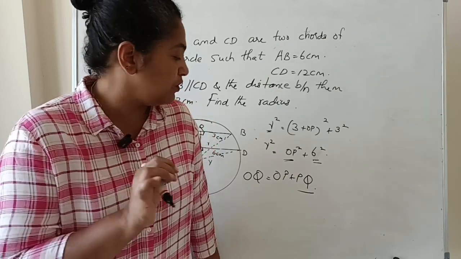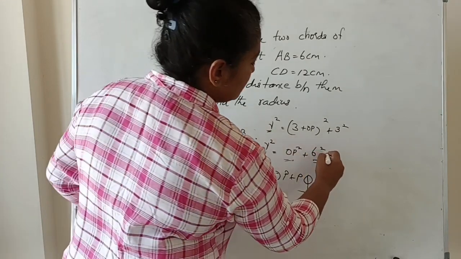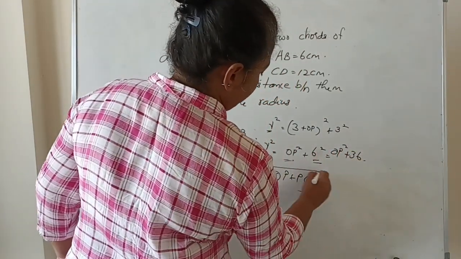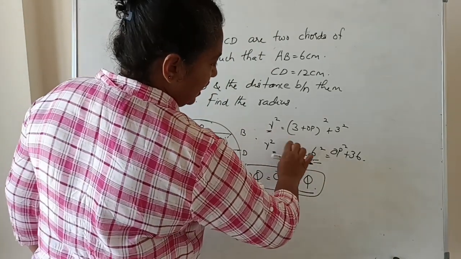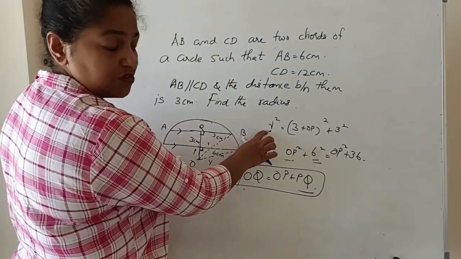So let us see how we can do it. You know that R square is OP square plus 36, correct? So OP square plus 36. Here also I have got an R square. So I will substitute OP square plus 36 in this equation where there is R square.